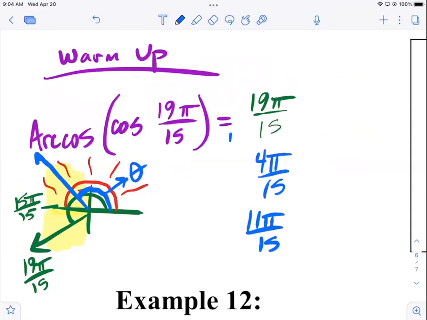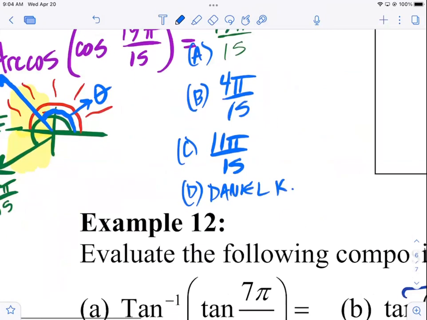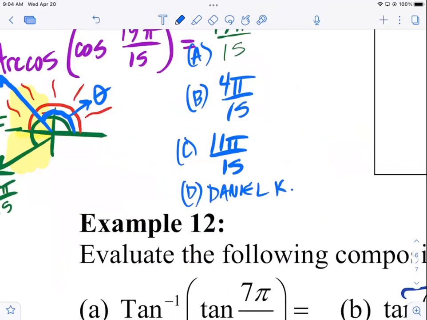So if this were a test question, this would be A, this would be C, B, sorry, this would be C, D would be Daniel, D for Daniel K, which is Daniel Kilford, sorry, close, but yeah. And then E would be for peanuts, right?